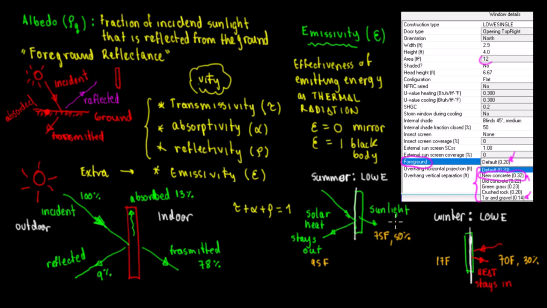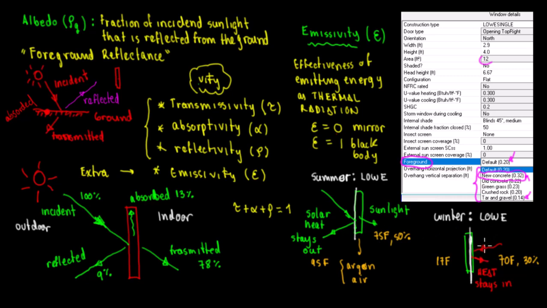There are also more properties. For example, in between there could be argon, or an empty air gap. There are a lot of properties that help this process. That way, in summer we don't want the heat to get in, and in winter we want the heat to stay in.